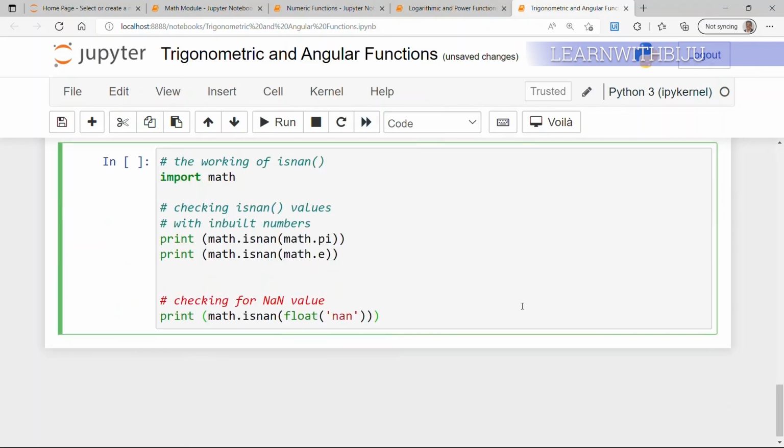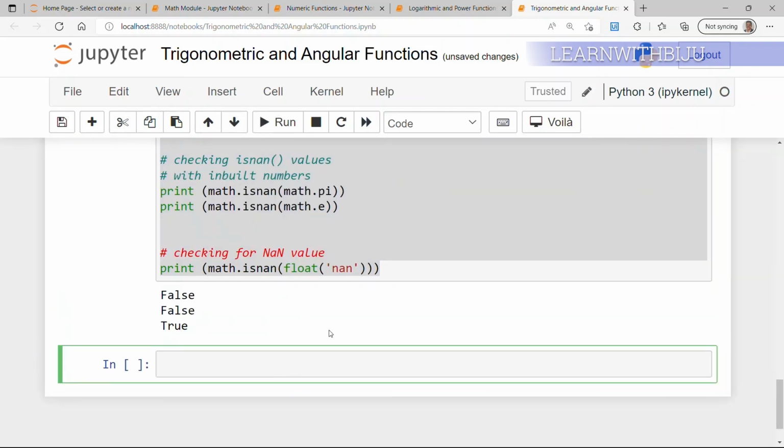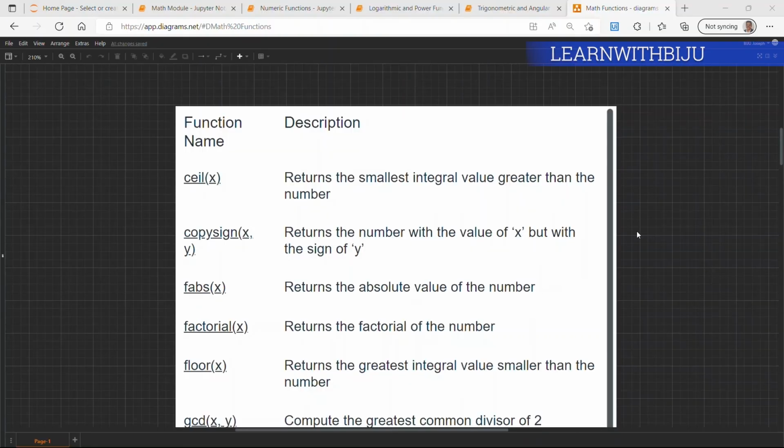Then we are checking whether pi is not a number, or e is not a number, or we are just checking if nan itself is not a number. Again, the first two are false because they are numbers, and the last one, nan, is not a number, so it is returning true.